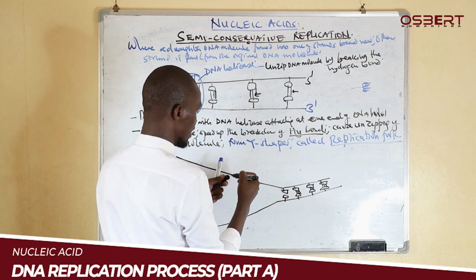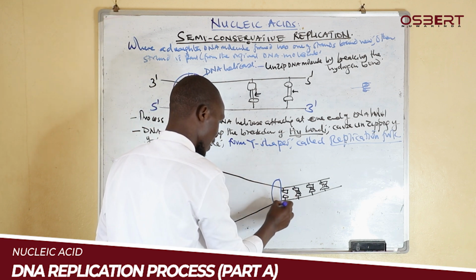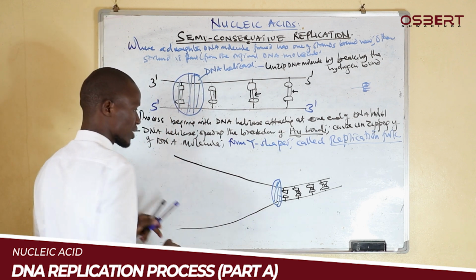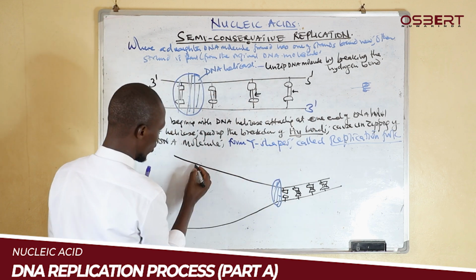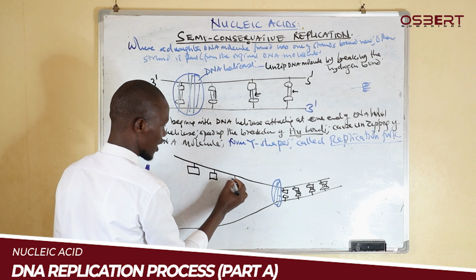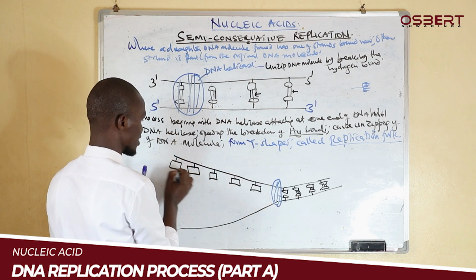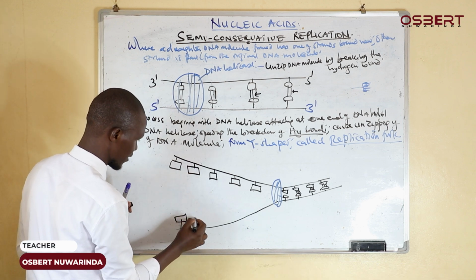Here, these bonds are still not yet broken down. So it means the DNA helicase has just reached here. It has finished breaking the bonds which were holding all the bases on this side. So where we have broken, we now have bases which are just exposed and separated like that. Likewise, down here you also have bases which have been separated.